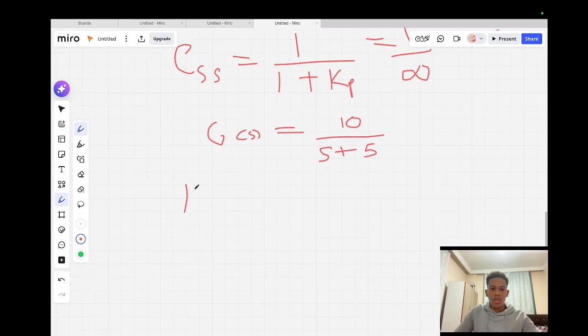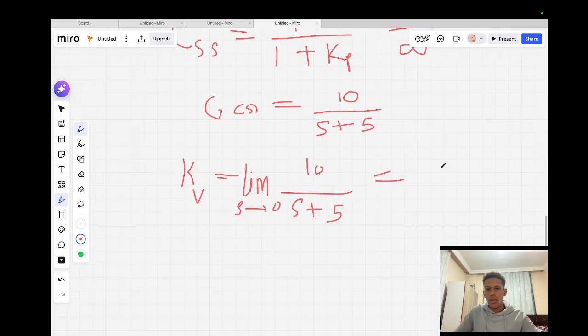So we need to find KV. KV equals the limit when s goes to 0 of 10 over s plus 5.